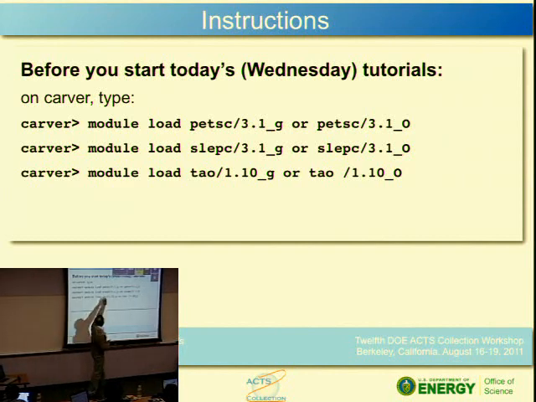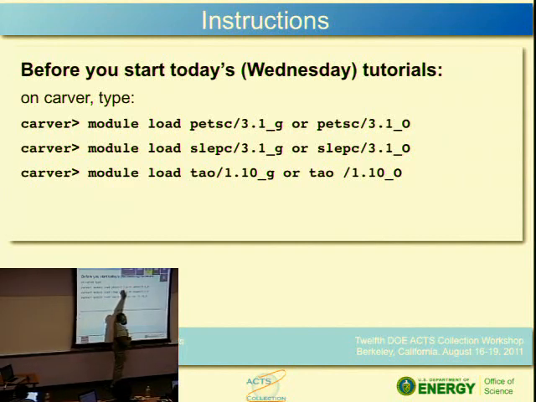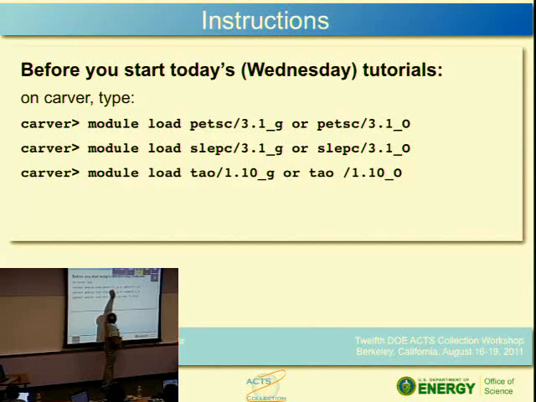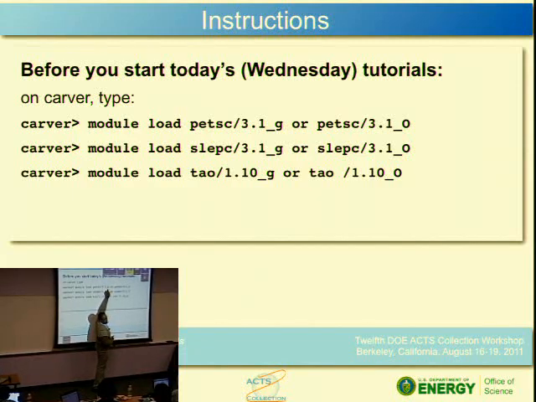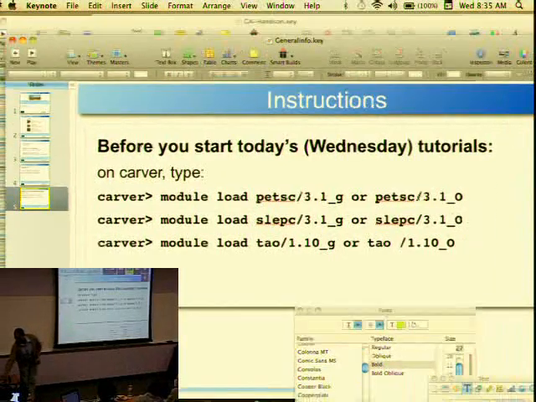At least for PETSc, we have version 3.1, and the one that has a small g, and this one is capital O. The O versions are the ones that were compiled with optimization, so they have been optimized. The g versions, and I don't know what Jed and everybody else is going to be recommending, are the ones that have the debug flag on, so these are not optimized versions. So these slides are going to be available, and that's all that I wanted to say.